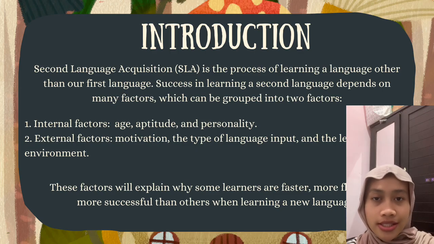And the second one is external factors, including motivations, the type of language input, and the learning environment. These factors help explain why some learners are faster, more fluent, or more successful than others when learning a new language.